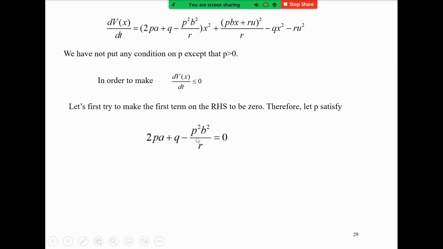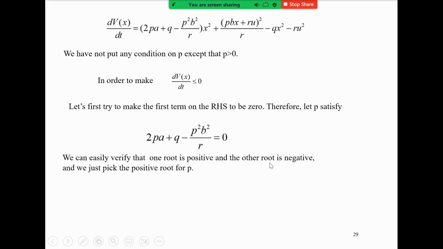This is a quadratic equation, right? We know q and r are all positive. You can easily verify that one root is positive and the other root will be negative. Then we just pick the positive root for p, because only one solution will satisfy the requirement that p is positive. So let's say p satisfies this, then this whole term will be 0.